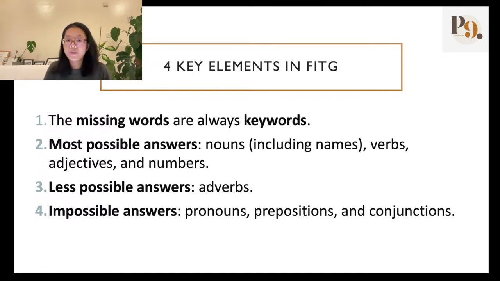And there's one thing about filling the gaps: sometimes you can write one word, sometimes two, sometimes three, and sometimes one word and a number, or one word or a number. So the most important thing before you start answering any questions is to read the instructions. You need to know how many words and or a number you can write, because if you don't know, it is impossible for you to find the correct answer.